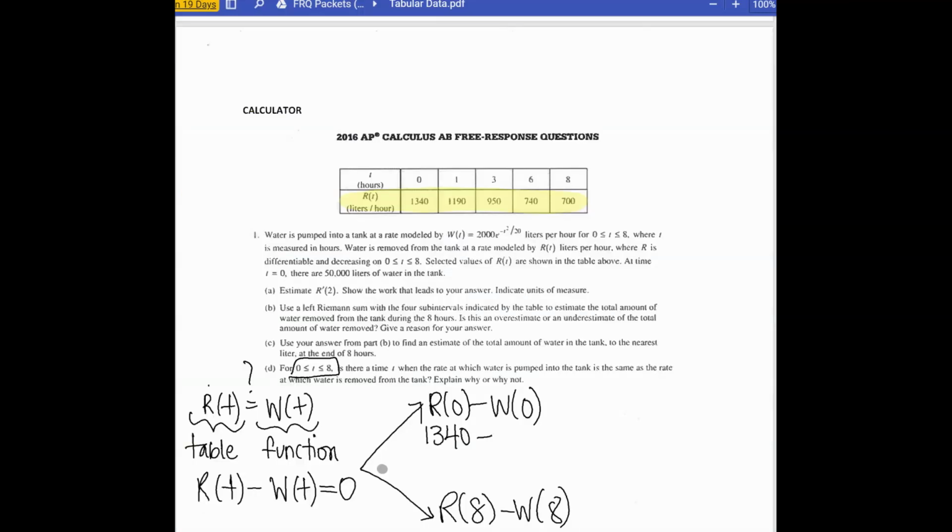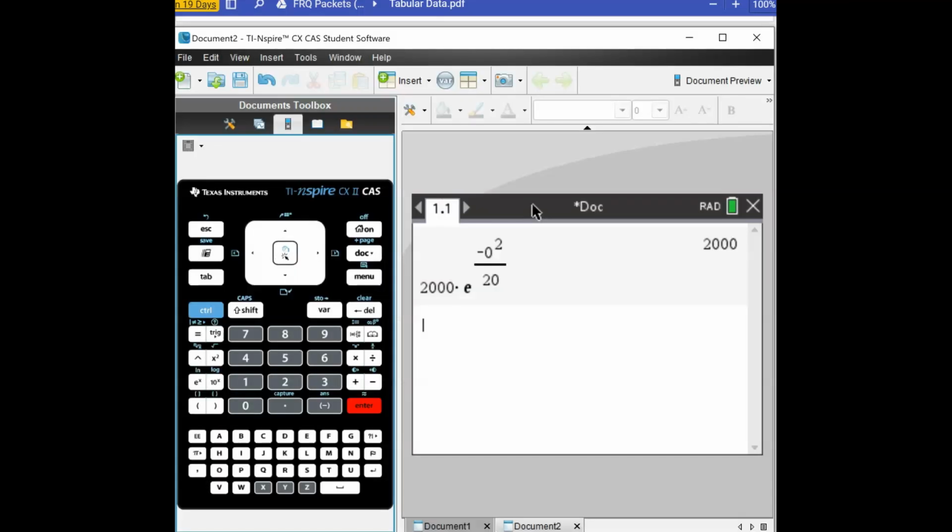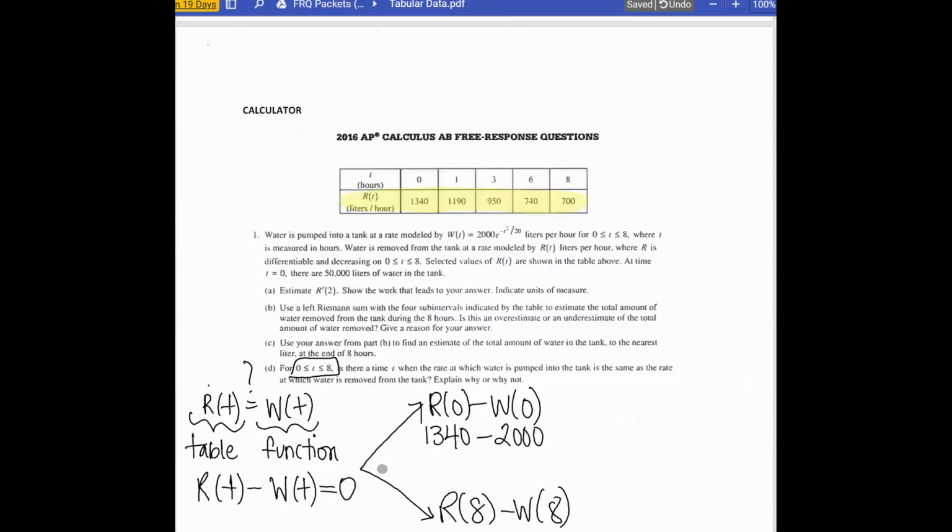That gives us 2000. So 1340 minus 2000, so 1340 minus 2123, my goodness gracious, is equal to negative 660. So this is negative 660.